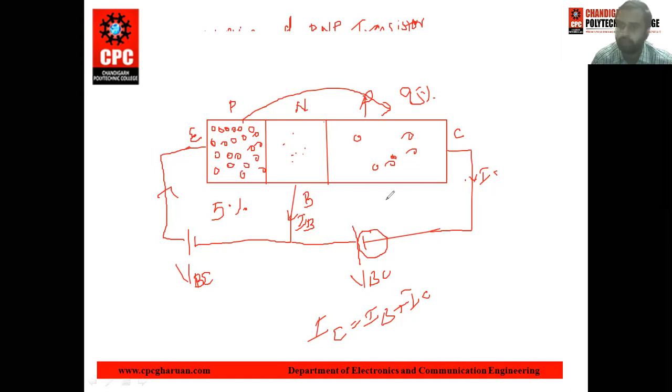The difference is that in the NPN transistor, 95% of electrons move to the collector side, and in the PNP transistor, 95% of holes move to the collector side. This is the basic difference, so you can easily understand the difference in the working of NPN and PNP transistors.